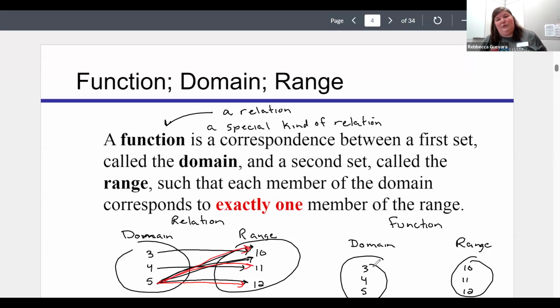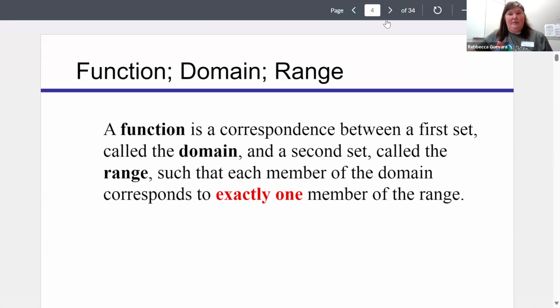Well, if we were talking about a function, that 5 should only be going to one number. This 3 should be going to only one number. This 4 should only go to one number. So anything in the domain should only have a mapping or correspondence to only one number in our range. I put that in there.